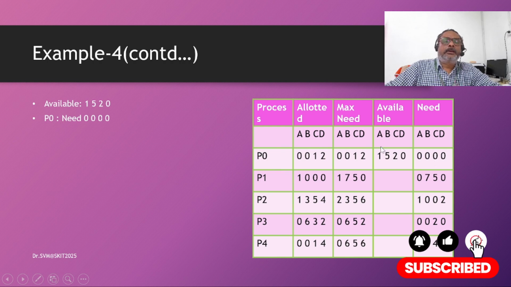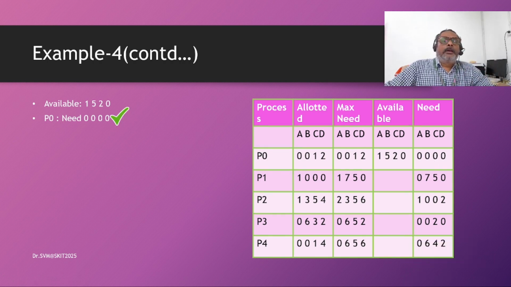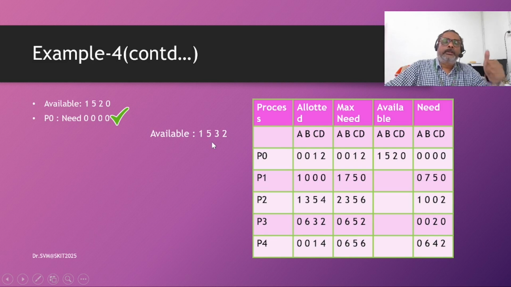P0 requires nothing, therefore we can take up P0. So complete the process P0, and once the P0 process is done, then 1 instance of C and 2 instances of D are now released. So now the available will increase by 1 in C and 2 in D, so that makes 1532 from 1520. So that is the current availability.